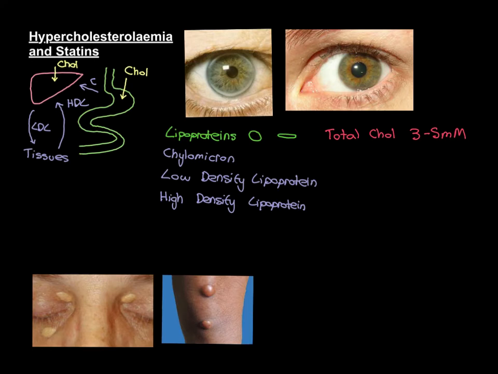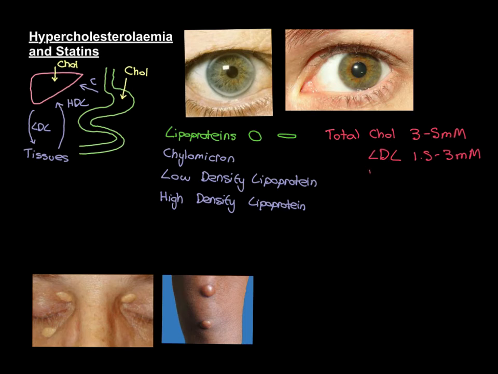And I'm going to give you those ranges as well. The normal range for LDL cholesterol is between 1.5 and 3 millimolar. So you can see, therefore, that most of the cholesterol within the blood is actually LDL cholesterol. This is going to make up a large fraction of the total.